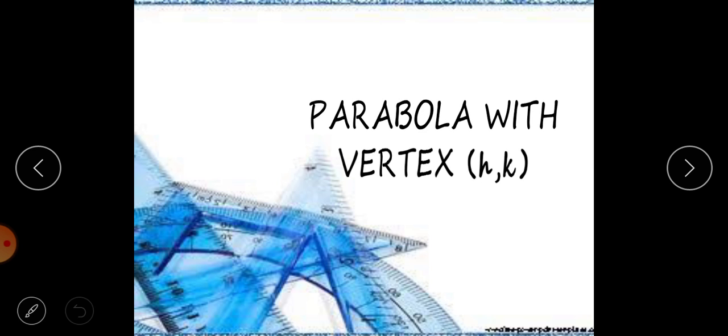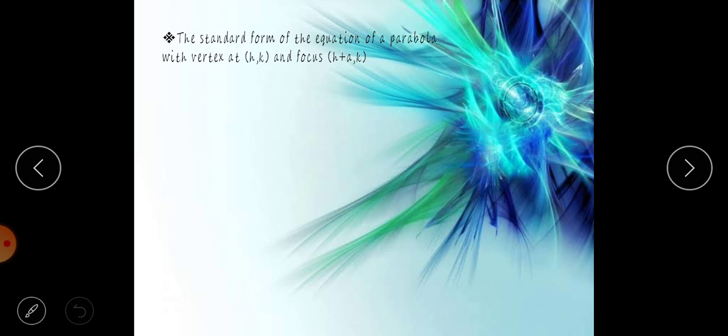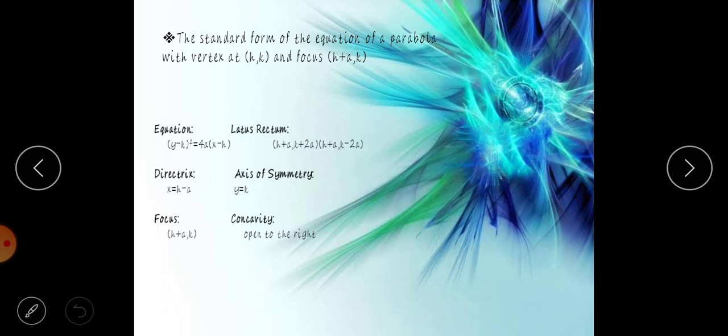So now we'll discuss the parabola with vertex at (h, k). The standard form of the equation of a parabola with vertex at (h, k) and focus (h + a, k) is (y - k)^2 = 4a(x - h), with a directrix of x = h - a and a focus of (h + a, k). The latus rectum endpoints are (h + a, k + 2a) and (h + a, k - 2a).